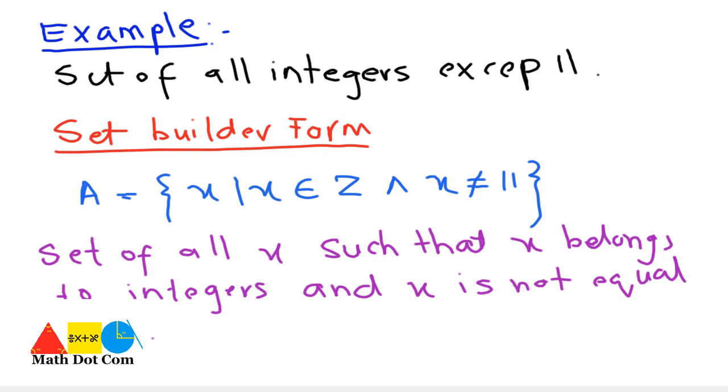So in this form, this notation represents "and", meaning that this condition must also be satisfied.